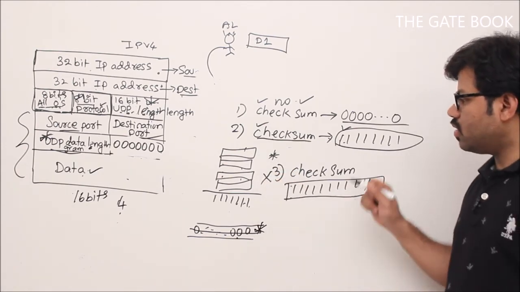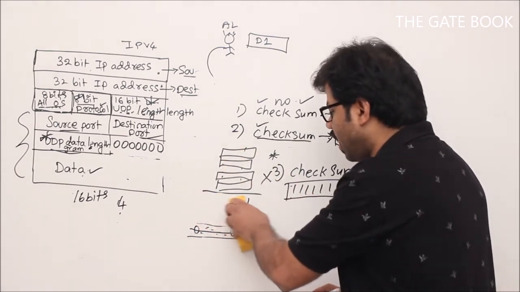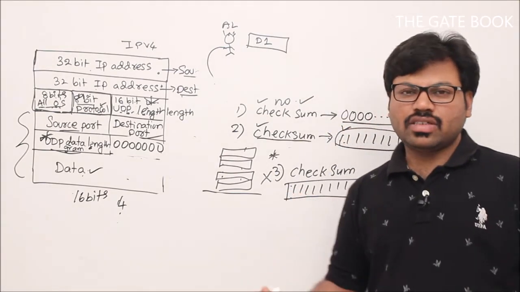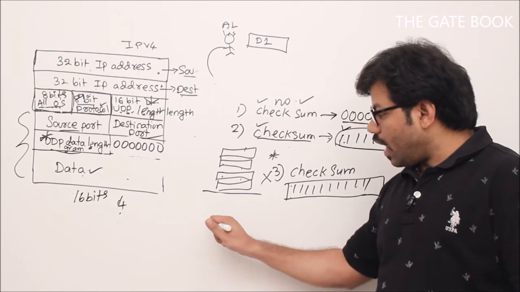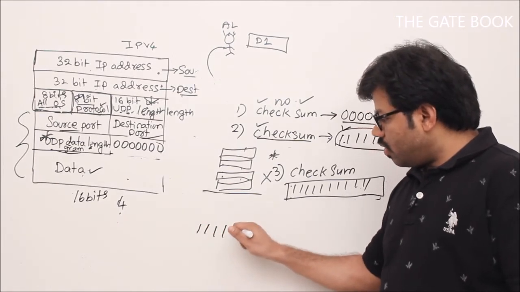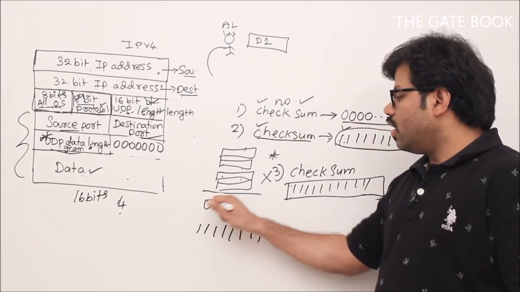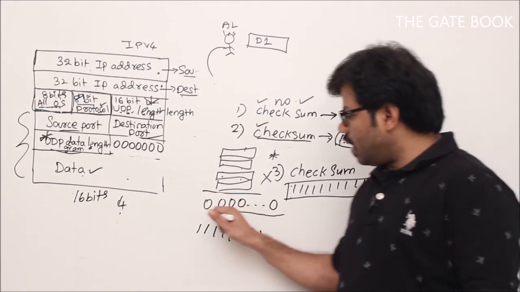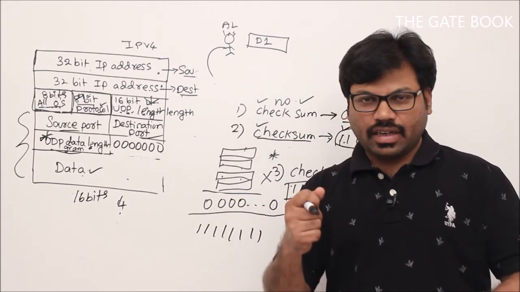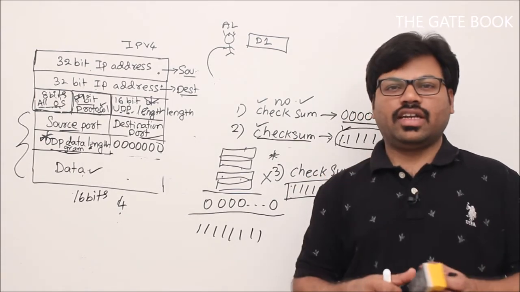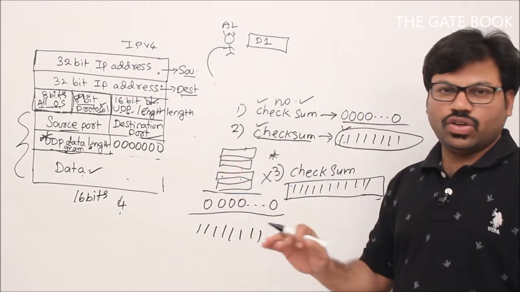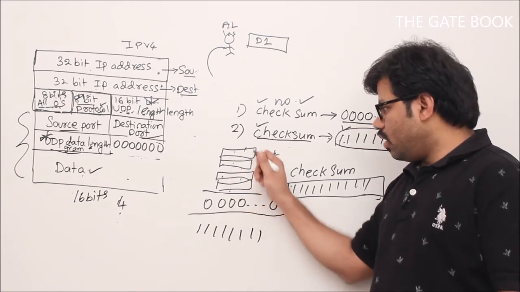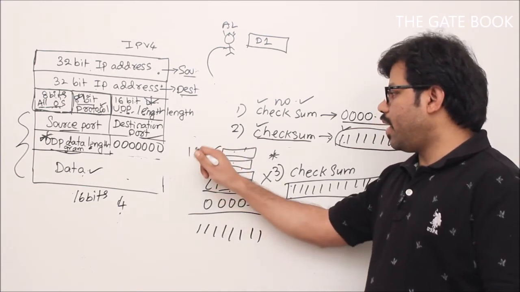To have all ones, see the process. In the checksum calculation, we finally did ones complementation, right? Bitwise complementation, recall. So to have all ones, before that the summation should give zeros. You might not understand it clearly here if you have problems with checksum calculation; please go through the checksum calculation first. We added all these 16-bit binary patterns.